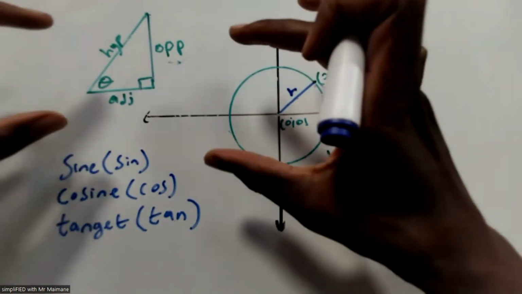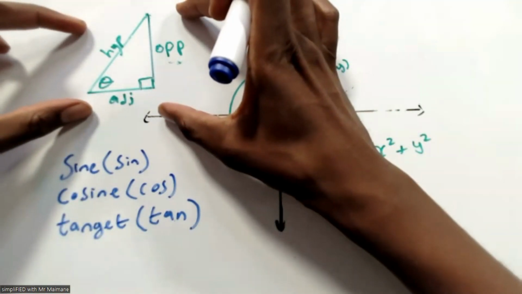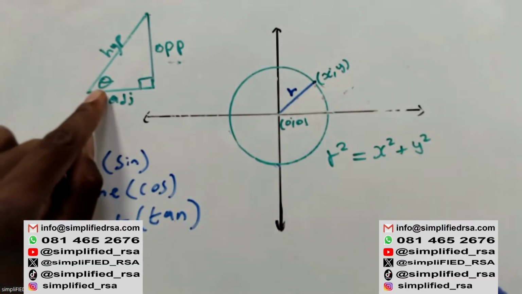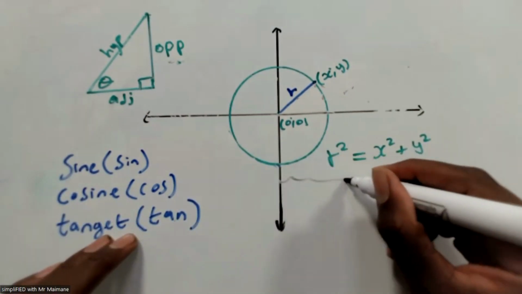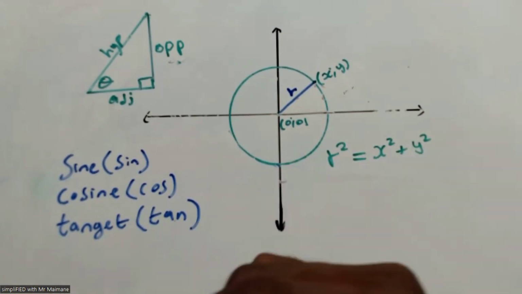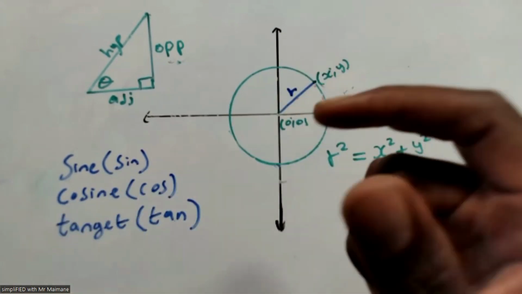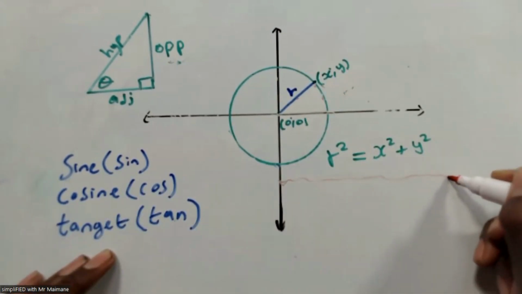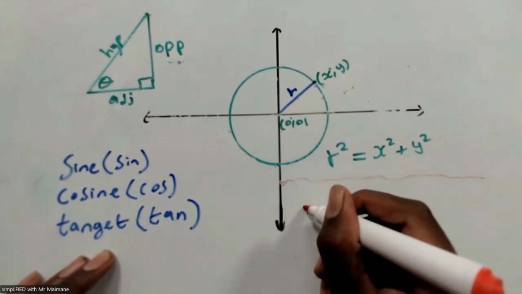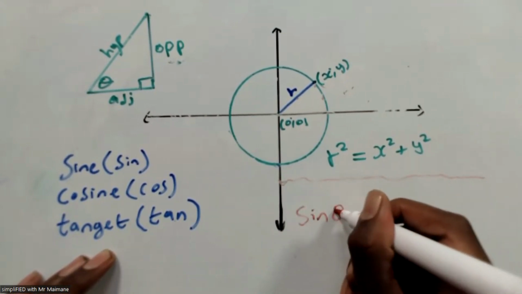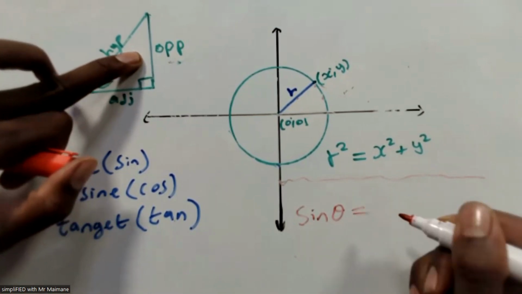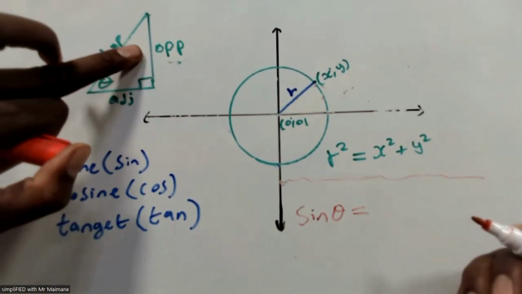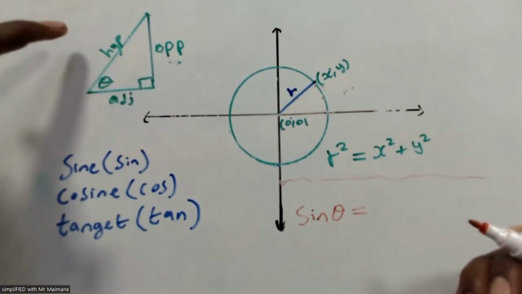And then from our Pythagoras theorem, considering the angle theta, if now we want to determine sine theta, we say sine theta, according to this, is equal to the opposite side from the theta divided by the hypotenuse.